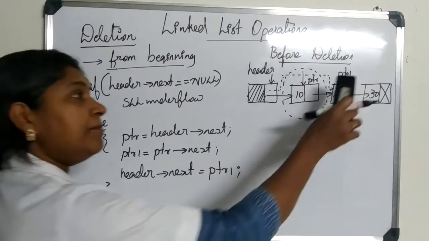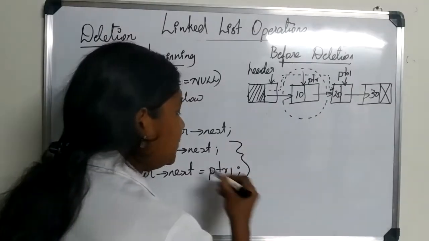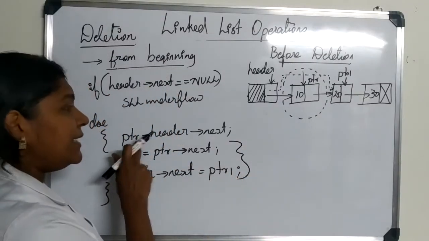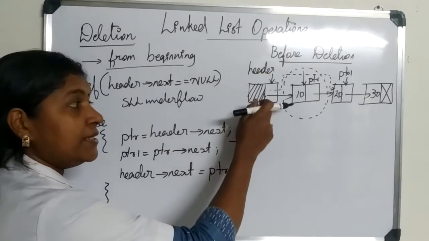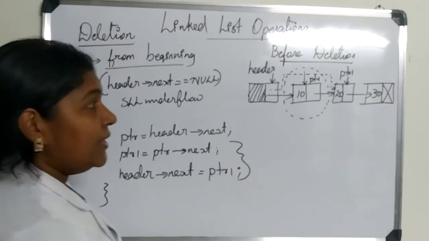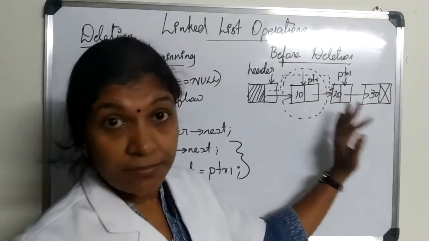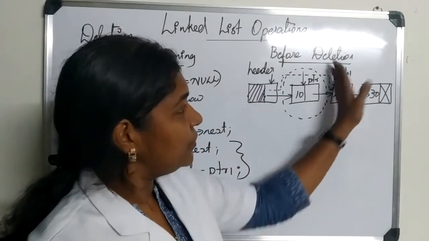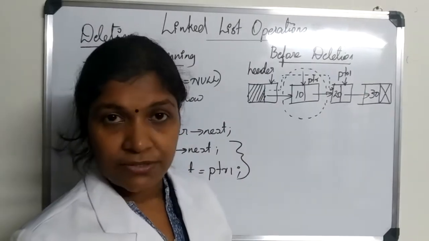Without the name PTR1 also we can do this. Instead of these two lines we can write PTR is equal to header dot next. In this case we have a name for the first node, and how can we refer to the next node without a name? We can write it as PTR dot next, right?